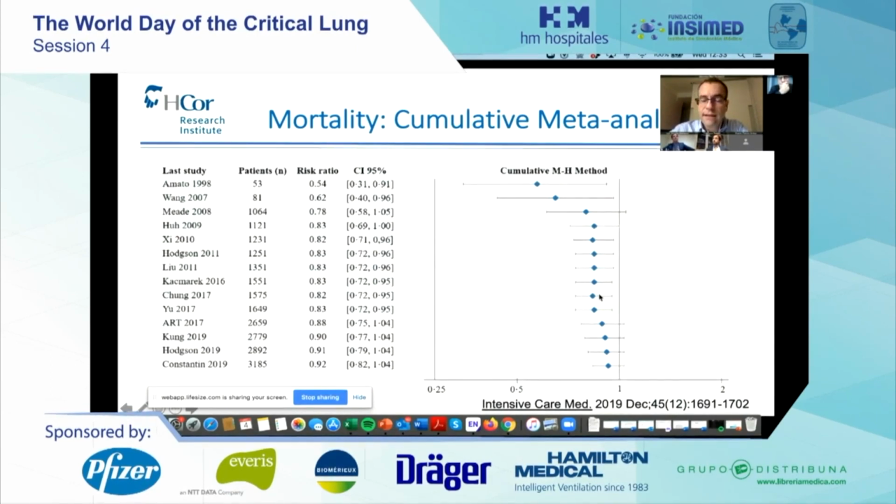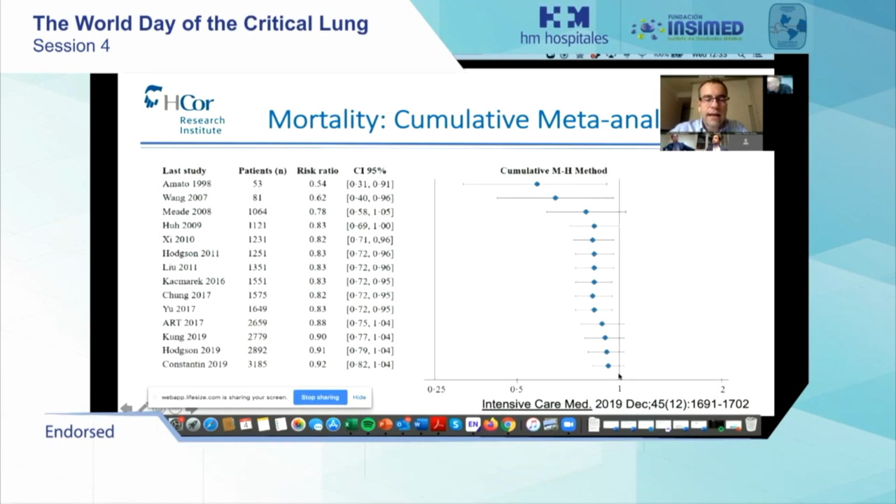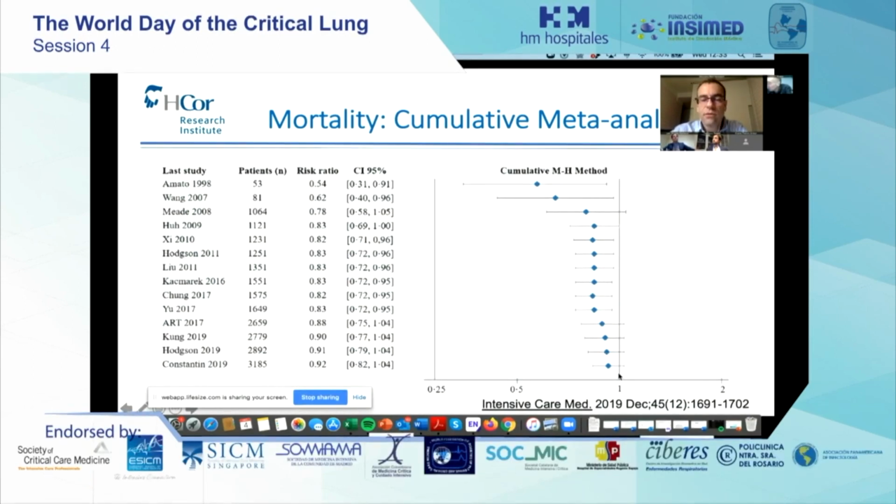You can see that the effect of the lung recruitment maneuvers on mortality is converging towards one, with a non-significant effect. So the cumulative evidence suggests that there is no benefit in terms of mortality for the overall ARDS patient.